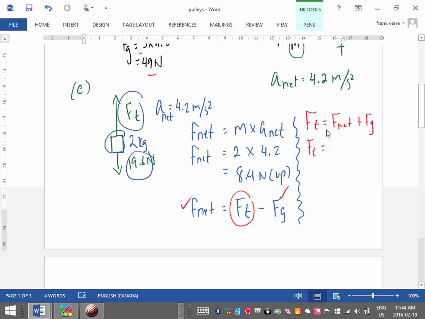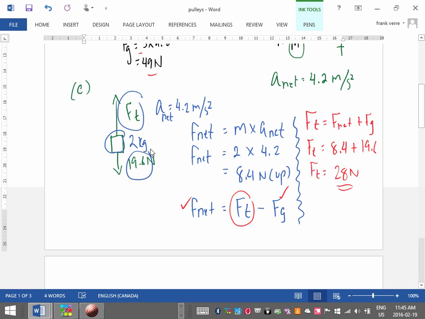So the tension would be the net force, which is 8.4, plus the weight, which is 19.6. So what would that give us? 28, right? 28 newtons.